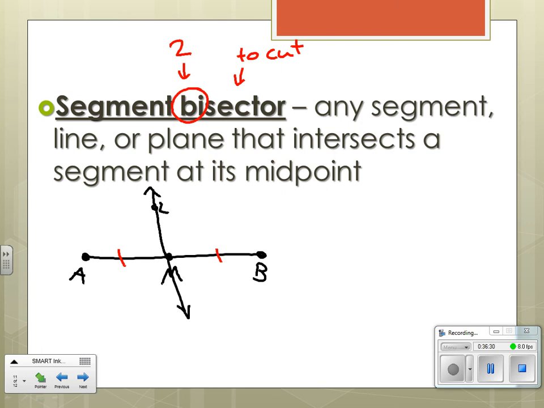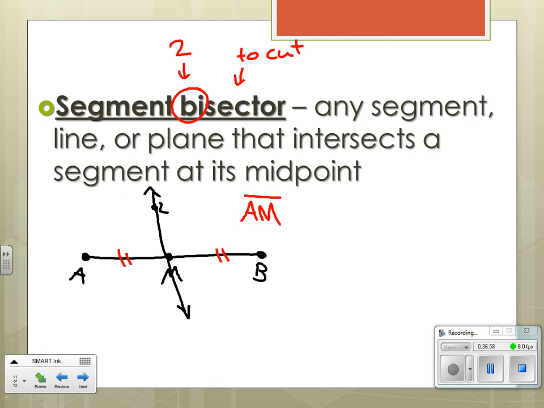If I had some other figure or more than one thing here that was equal, if I put 2 here and 2 here, that tells me those match up. And you just keep doing that to match up the ones that go together. The ones match up with the ones, the twos with the twos. So I can write, using our symbols from earlier, AM, remember what the symbol for congruent was?